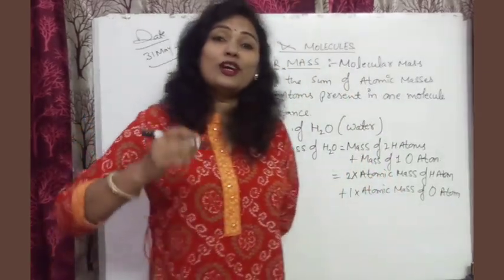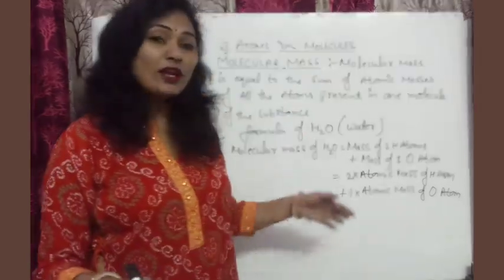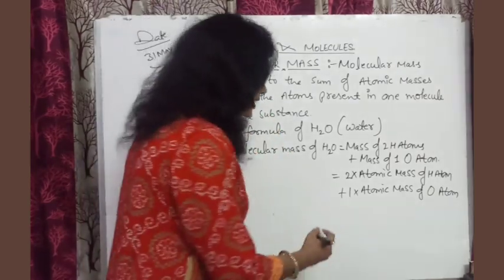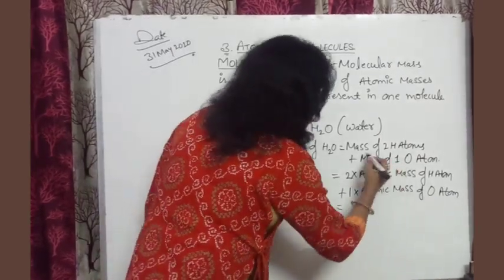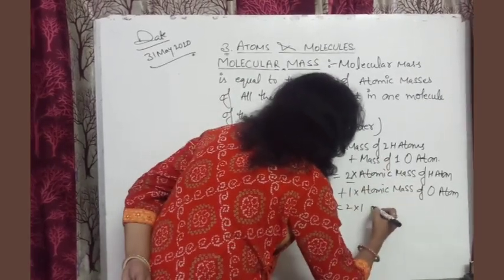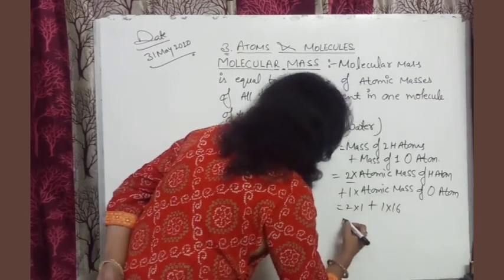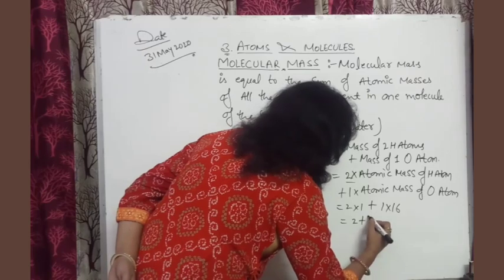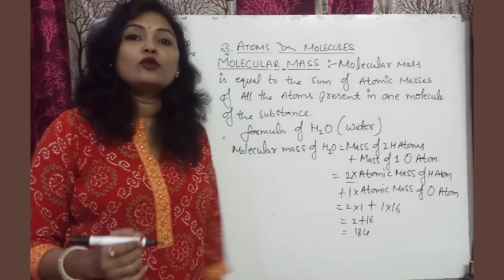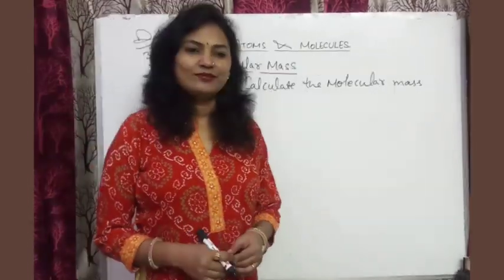Now you should be aware of the atomic mass of hydrogen and oxygen. The atomic mass of hydrogen is 1 and oxygen is 16. So you can write 2 into 1 plus 1 into 16. So we will get 2 plus 16, it is 18 U. So the molecular mass of water is 18 U.